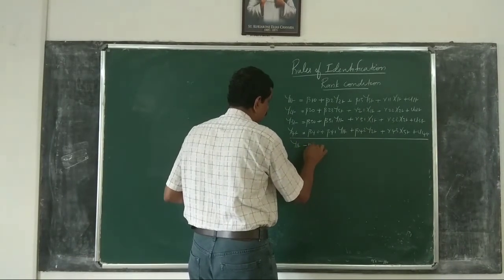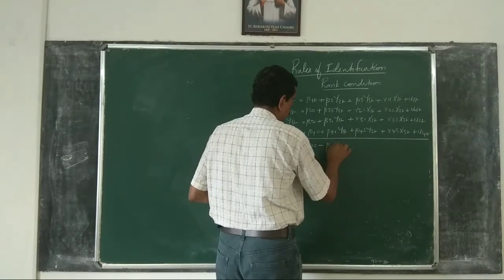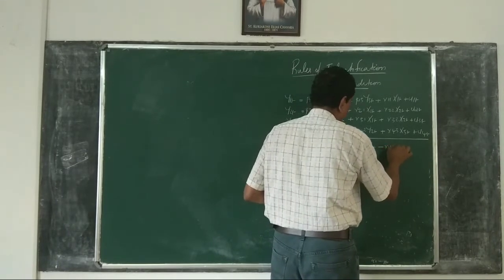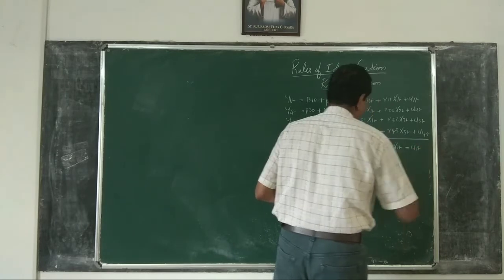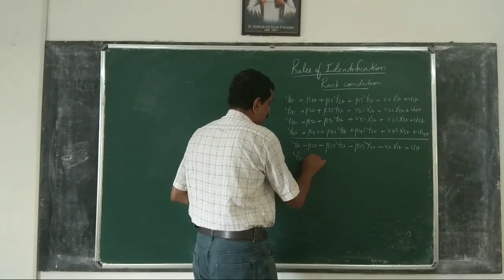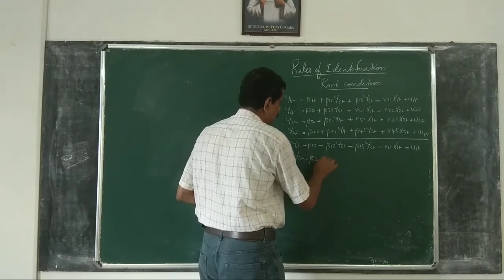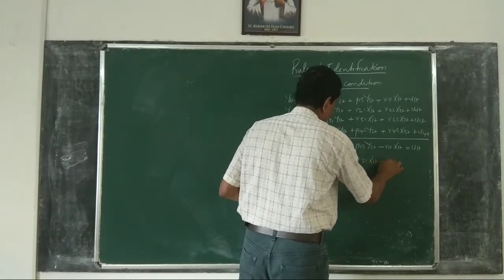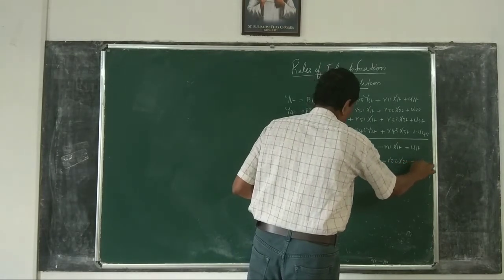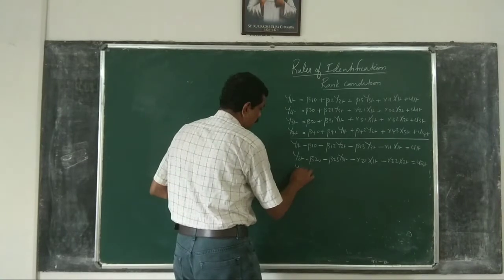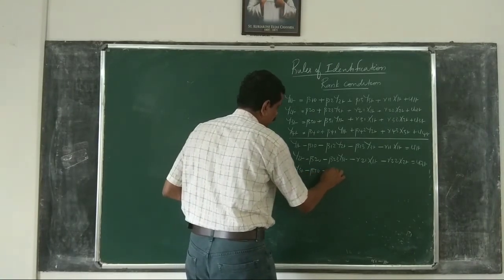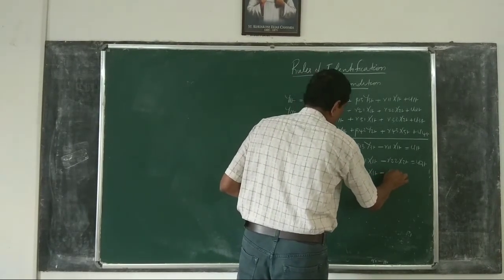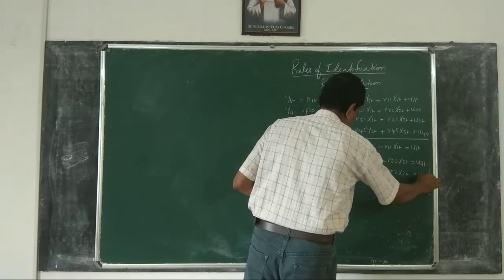y1t minus beta 10 minus beta 12 y2t minus beta 13 y3t minus gamma 11 x1t is equal to u1t. y2t minus beta 20 minus beta 23 y3t minus gamma 21 x1t minus gamma 22 x2t is equal to u2t. y3t minus beta 30 minus beta 31 y1t minus gamma 31 x1t minus gamma 32 x2t is equal to u3t.